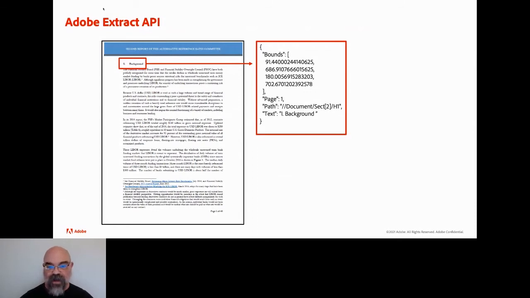And you can see we've got the bounding box there where that's located on the page. And I know that it's on page 1. So that gives me enough information to be able to look for other similarly tagged or other similar elements with that kind of path, H1s and H2s. And I'll talk more about that during the demo.